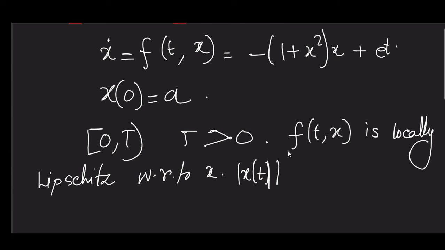So what we can do, like the previous case, is start with the same thing: v of t is equal to x square t. We are keeping everything the same, just we have introduced another additional exponential term here.